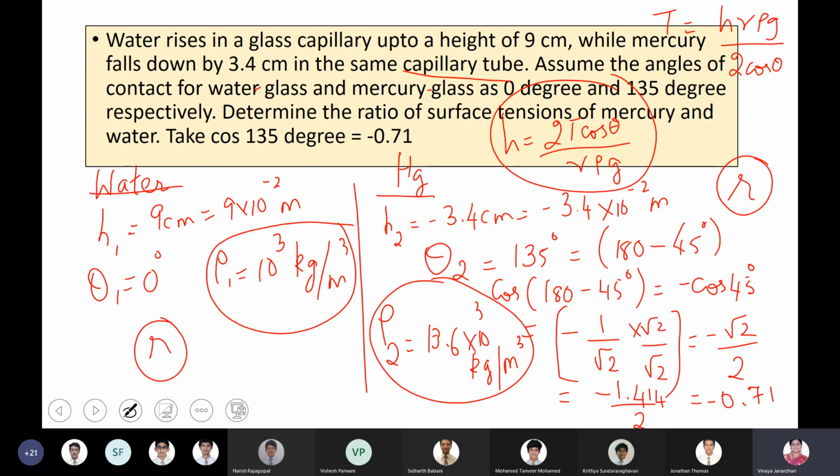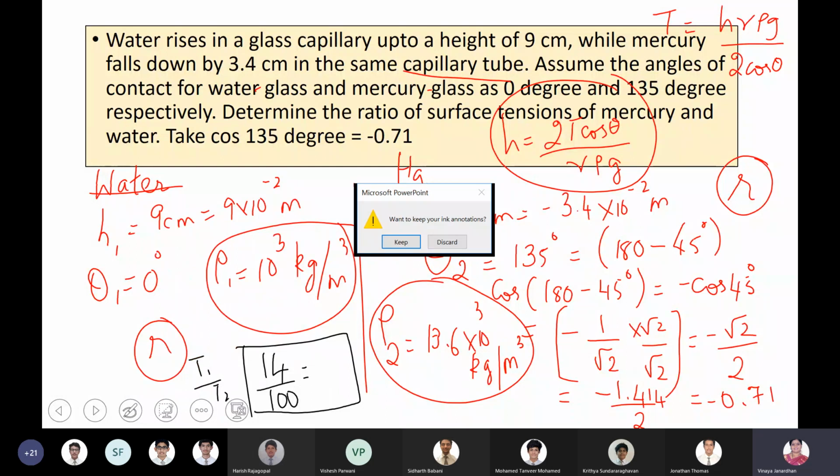Your answer, T1 is to T2, what was your answer? 14 by 100, that's the ratio. So 0.14 is to 1. You had gone for T1 to T2, correct?